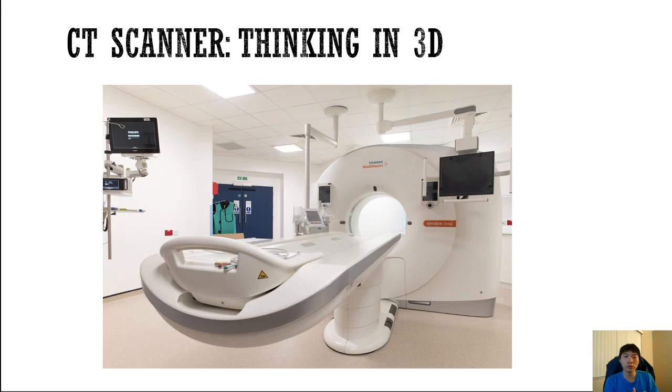So here what I've shown is a CT scanner. It looks kind of like a donut, like a round device, and the patient goes inside of the donut in the middle. There's a patient bed where the patient can slide through the scanner, and within this donut is exactly what I described.